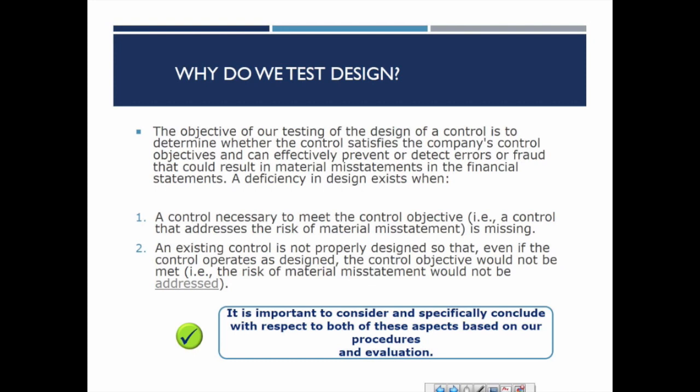Purchase order, receiving report, and vendor invoice. If the auditor selects a sample of disbursements, and in their sample, they identify several instances where those three documents were missing, the auditor would consider that a control deficiency because the control is missing.